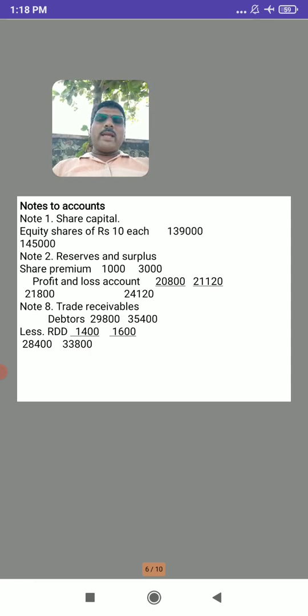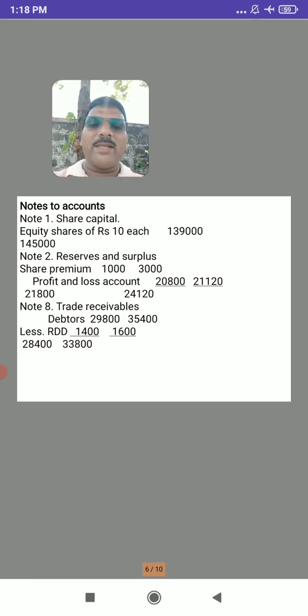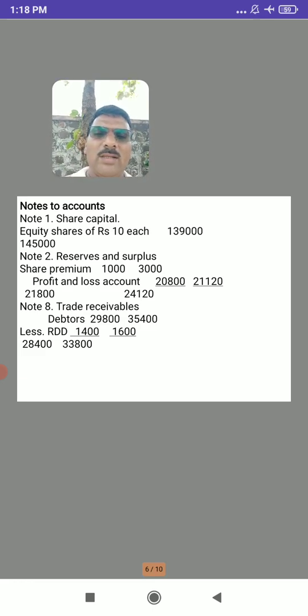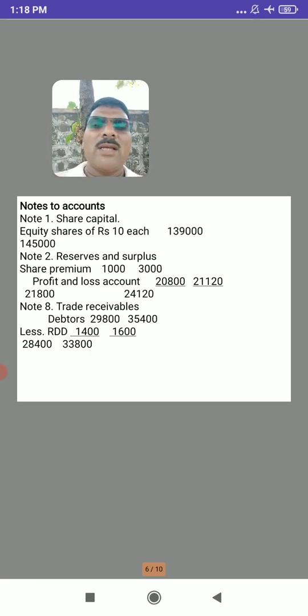According to note 8, the trade receivables, that is debtors. The total debtors in 2016 is 29,800 and the total debtors in 2017 is 35,400. From this, reserve for doubtful debts is also given.